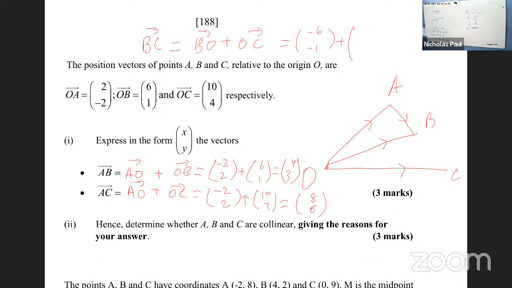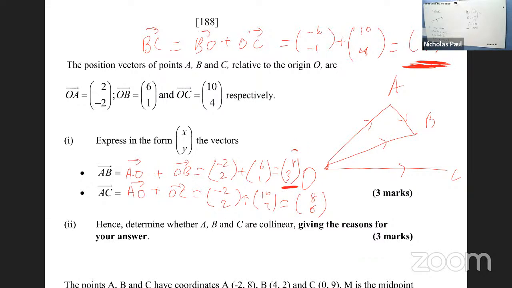O to C is 10, 4. So I got 4, 3 again. So what does that say about BC and AB? This is BC and this is AB. What does it say about AB and BC?